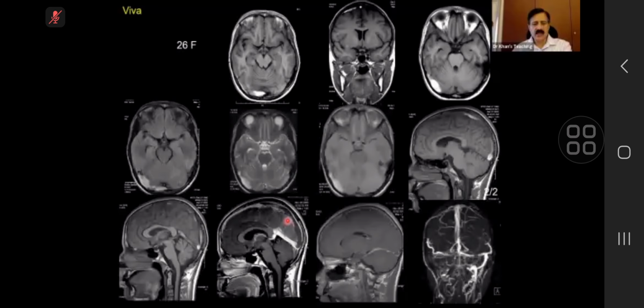This is another case, not the same case, where there is high signal within the superior sagittal sinus, which is a filling defect on post contrast. So this is a sort of an absolute slam dunk type of case.